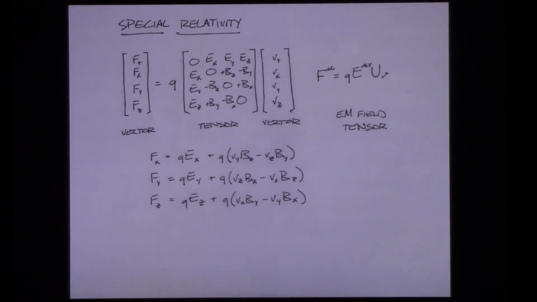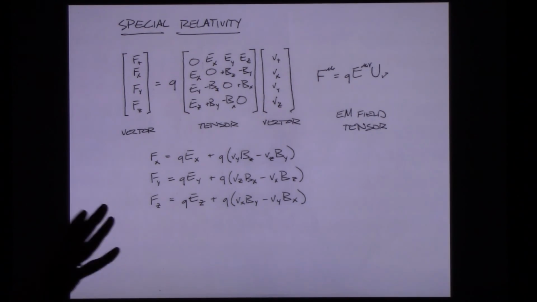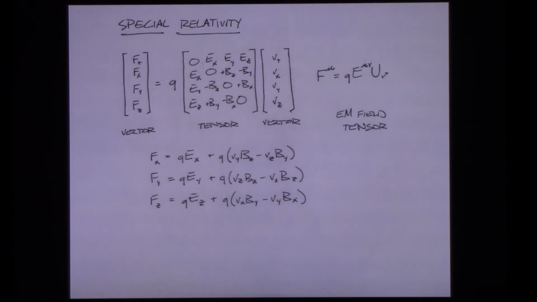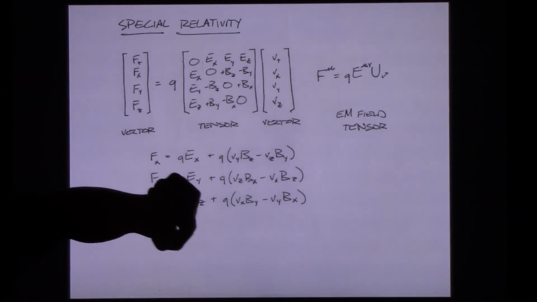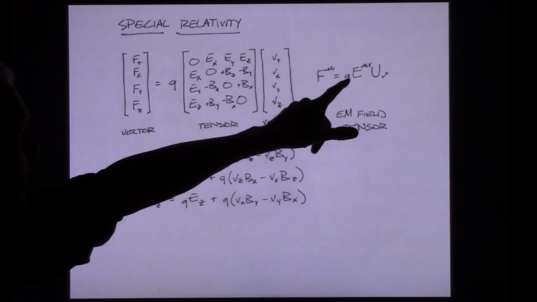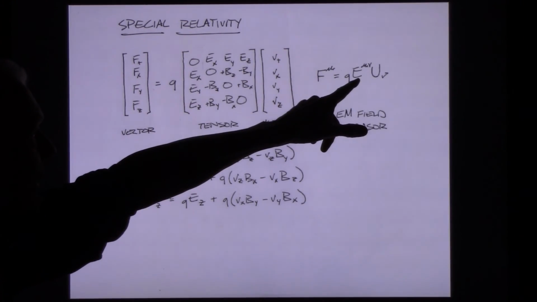Now, in special relativity, indexes can be up or down, and again, you're not responsible for any of this. This is just giving you a bit of a peek into what happens when we start working in 4-dimensional space-time. The 4 components of the force on a charge depends on how much charge it has multiplied by the electromagnetic field tensor.